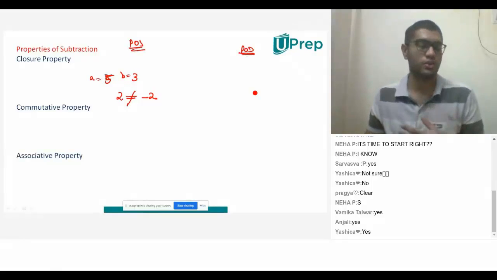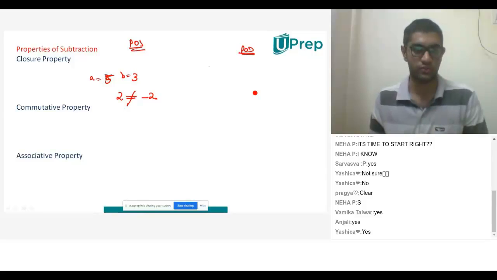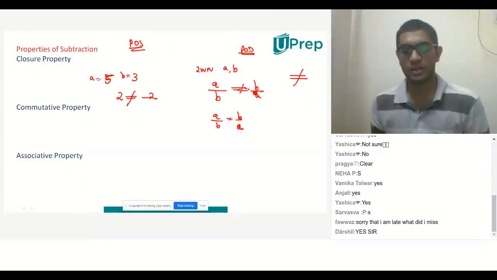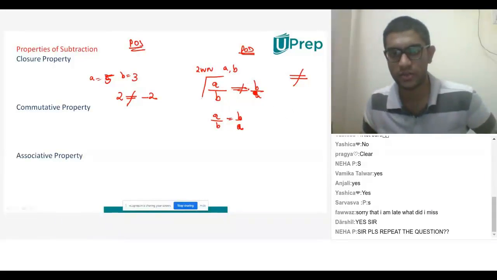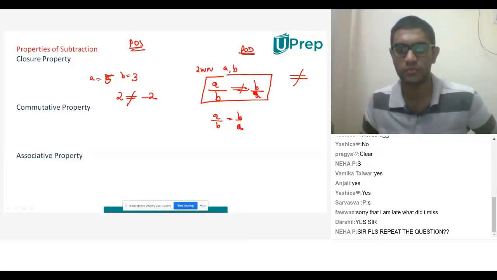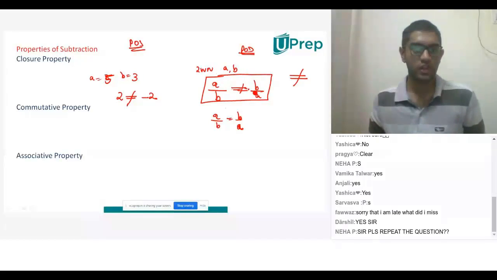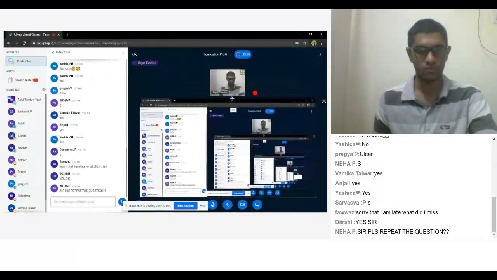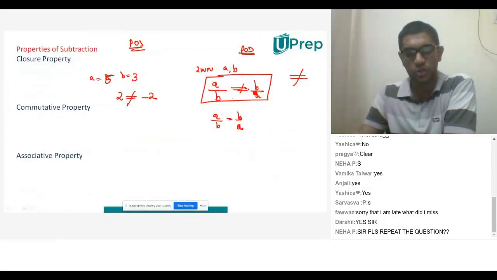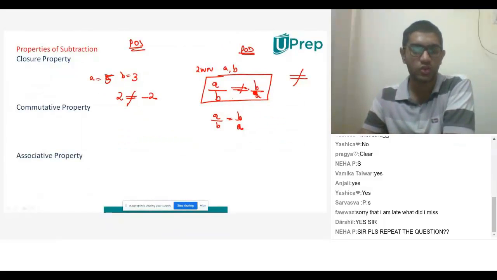Now guys, who can tell me what the commutative property of division is? Can you tell me a case where A by B is equal to B by A? The property that we are studying is that A by B is not equal to B by A. Is there a case where A by B is equal to B by A? Neha, the question is, A by B is not equal to B by A is the commutative property with respect to division.